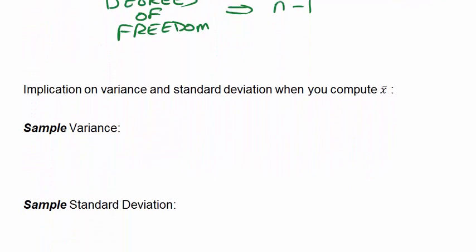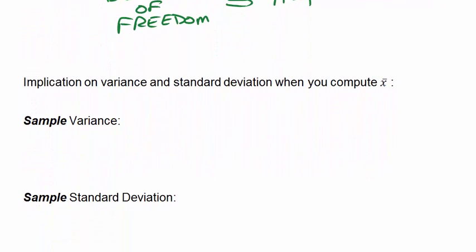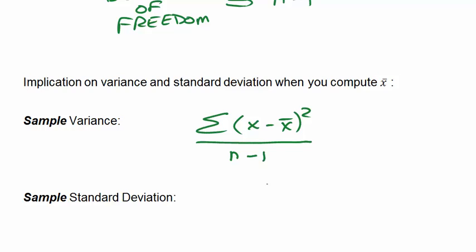All right, for variance, remember variance was the sum of all of these squared residuals. But in order to compute the mean, because I've lost a degree of freedom, I've lost a little bit of information in computing the sample mean because I didn't know the population, I'm now going to divide by n minus 1.